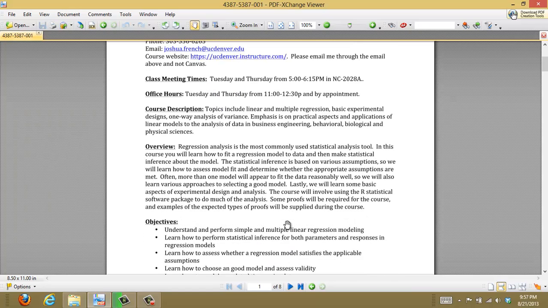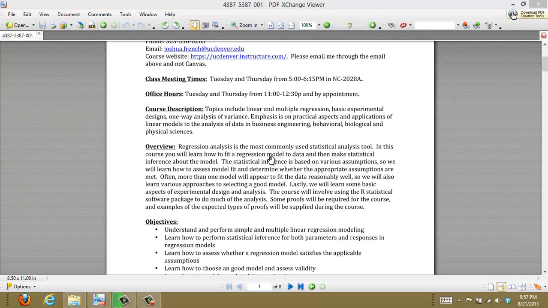This class is actually, I think, one of the best statistics classes that we offer at the university. Regression is really the most applicable, commonly used tool in all of statistics, and so getting an introduction to regression is very useful if you're going to be doing statistical analysis in some way.